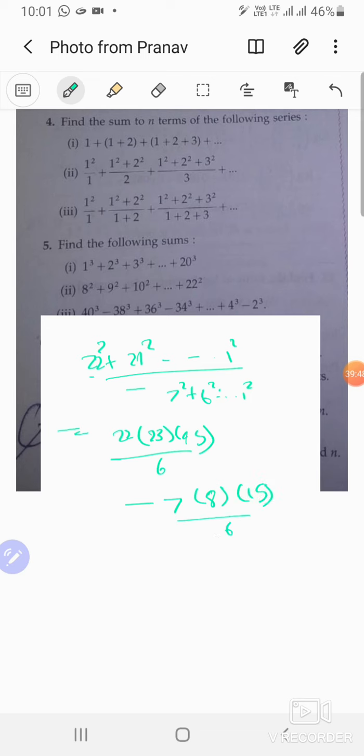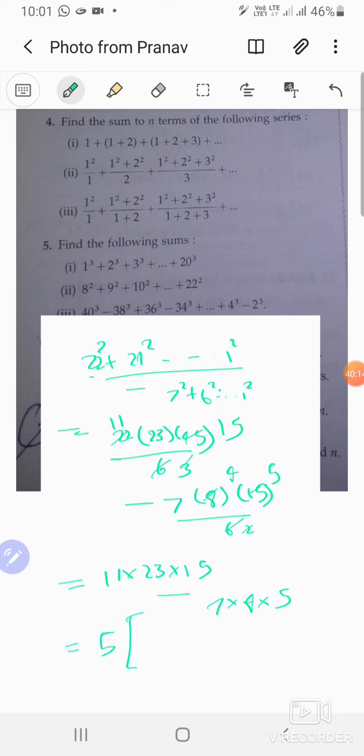Right? Let's see what cancels out. You've got 11 and 3, supposed to be 15. So 11 into 23 into 15 minus, you've got 5 and 2, and you've got 4, minus 7 into 4 into 5. The only common thing is a 5.